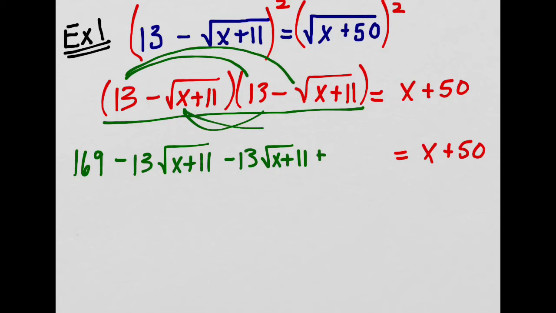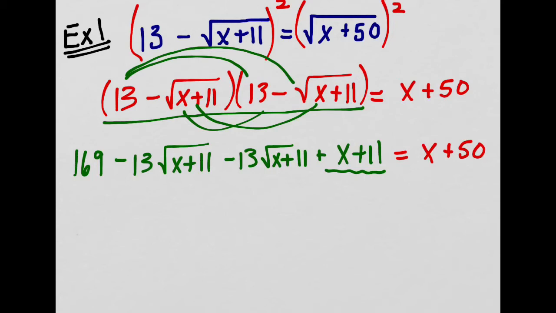And now my two radicals multiply, and because they're the same, the square root is going to cancel. Let me show you that again. A root times a root cancels. So that x plus 11 and the x plus 11, both under the square root, when they multiply, it just becomes an x plus 11. So it's right here on the end where that radical goes away.